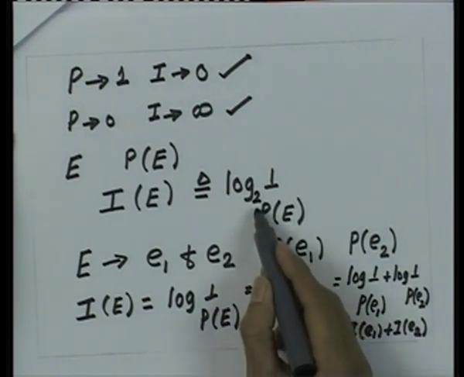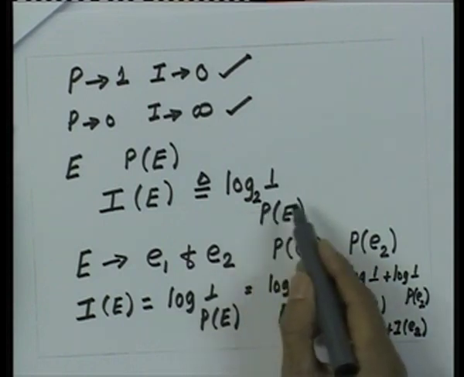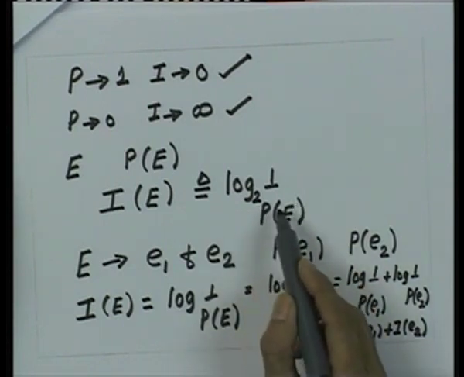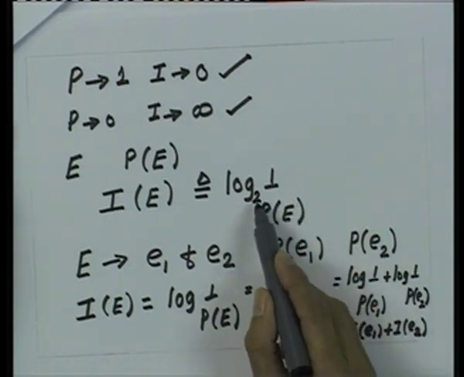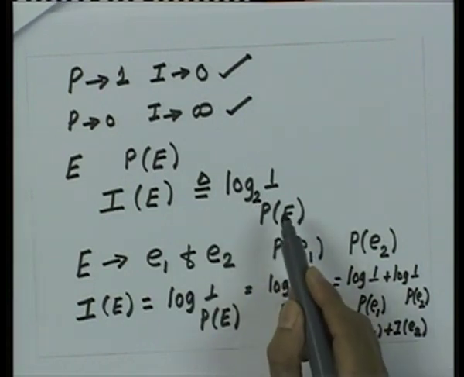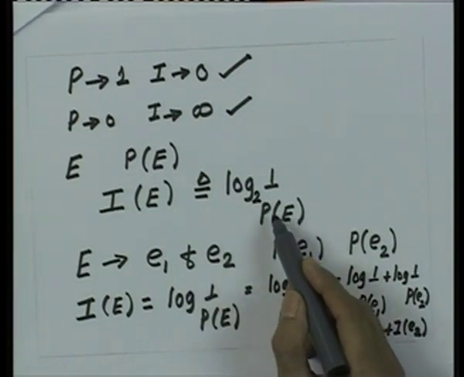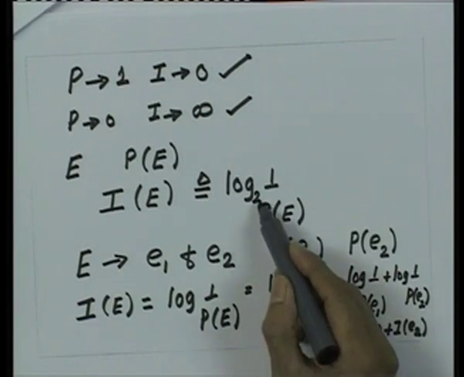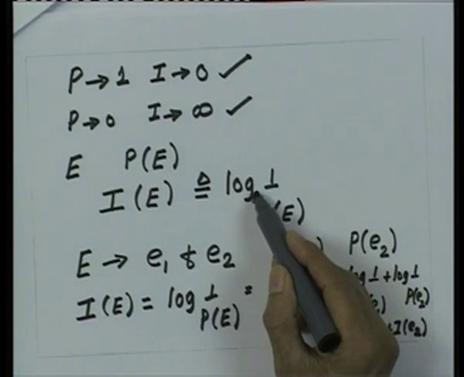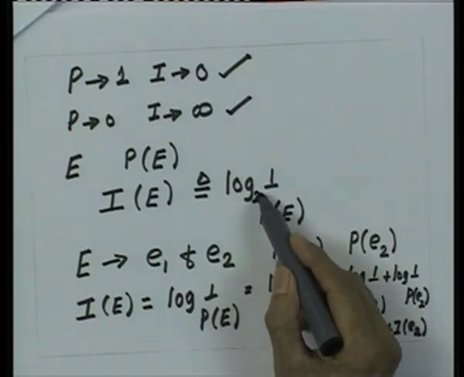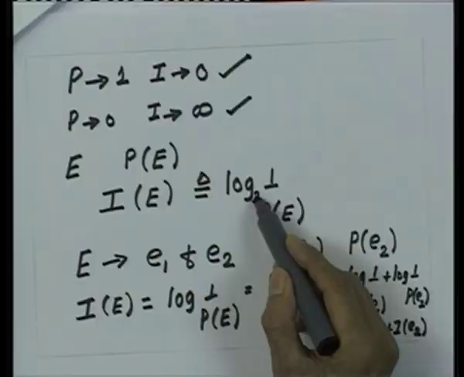It is not necessary for me to restrict my base to 2. I can choose any other base, and it is very easy, using the simple conversion formulas between the bases, to convert from one base to another. But as far as this course is concerned, most of the time we will be restricting ourselves to base 2. So, whenever log is written for the information, it is understood that it is to the base 2.